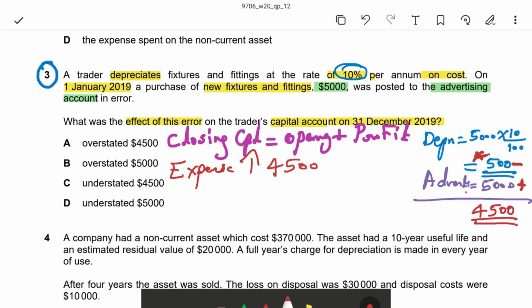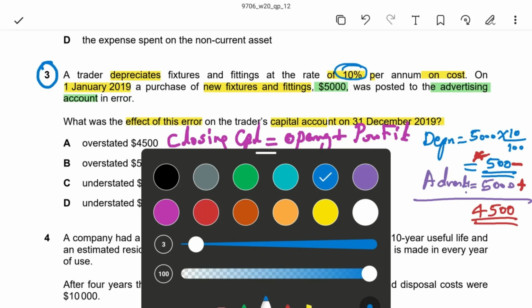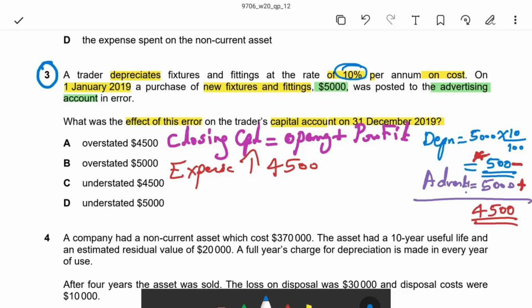When expense is overstated, what will happen? Expense overstated, profit will be understated.